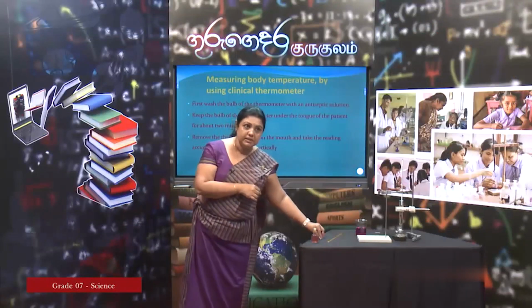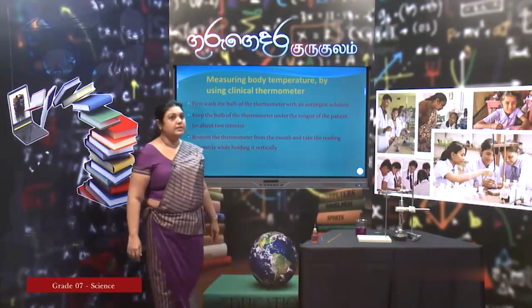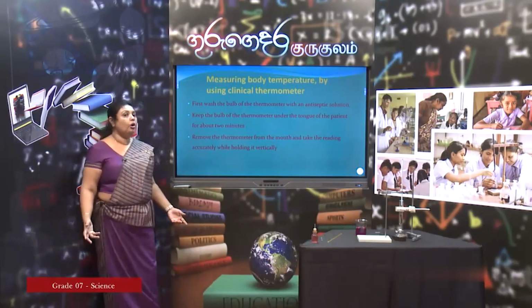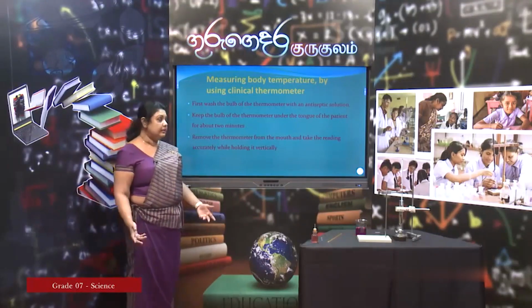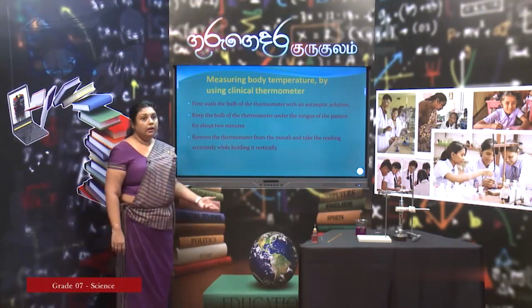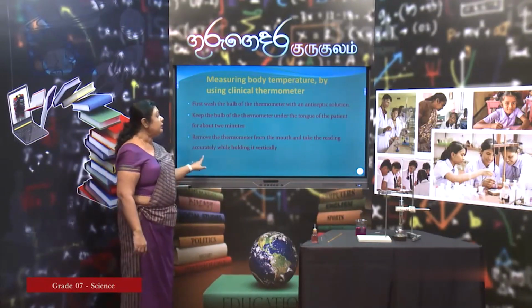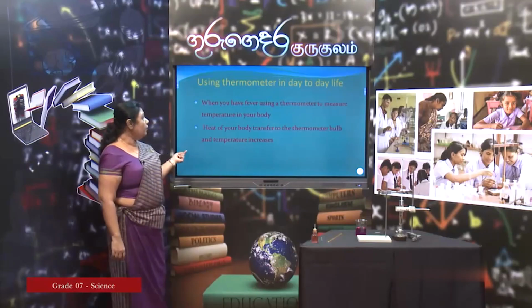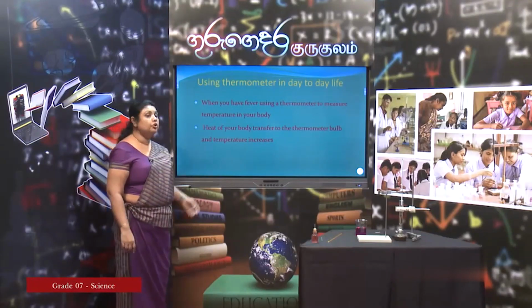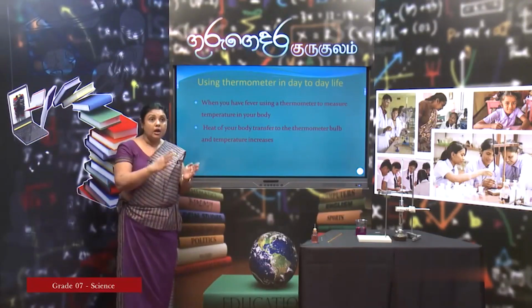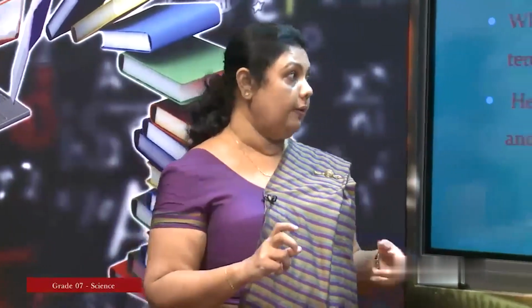So, you will mistakenly think that you are sick or you have fever, or your body temperature gives a different amount, if you don't read it correctly. So, always, as I told you, body temperature transfers to the mercury of the thermometer, therefore you can measure temperature there.